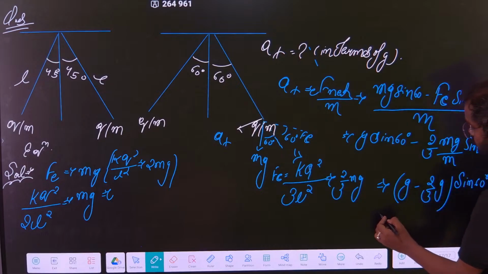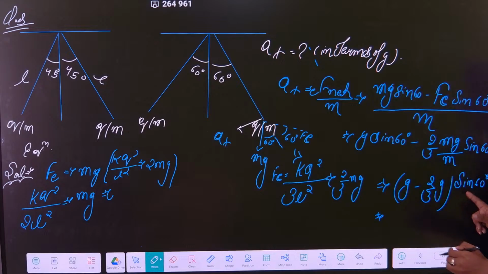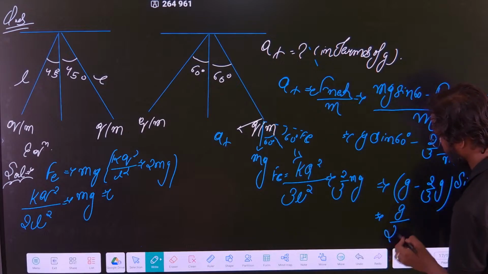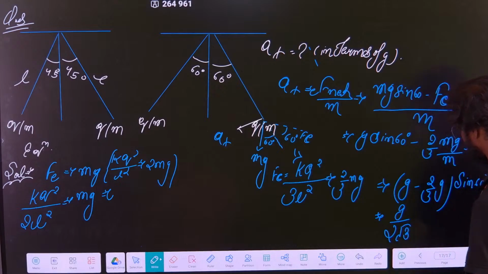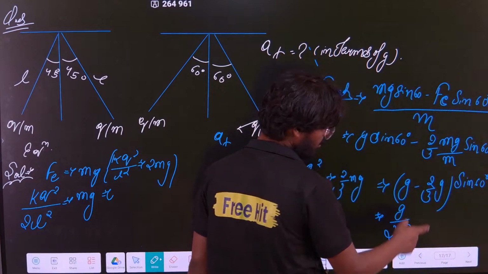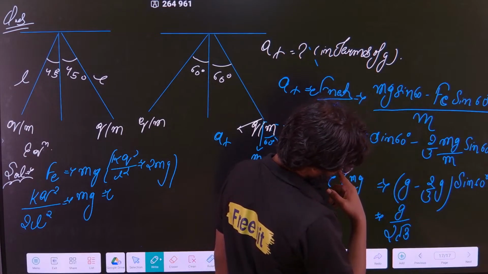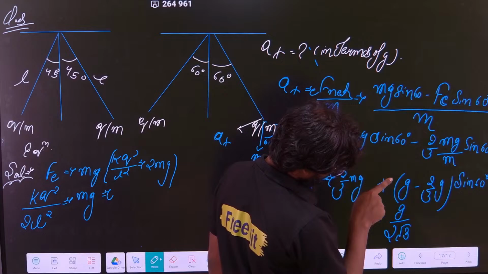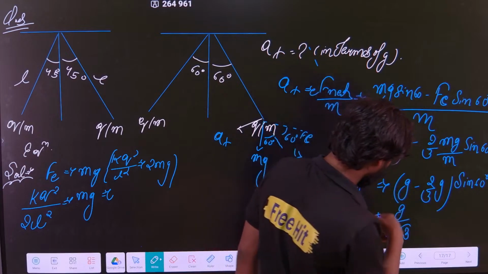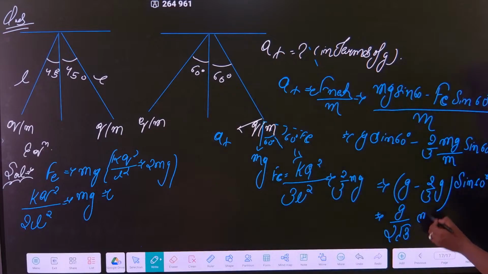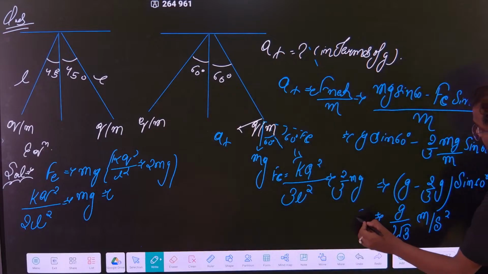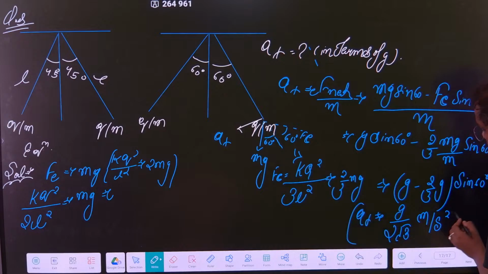So how much is this? Sin 60 is root 3 by 2. Correct or not? Root 3 by 2, 2 will cancel out. No, 1 by 3 root 3 by 2. Correct, meter per second square. That is my tangential acceleration.